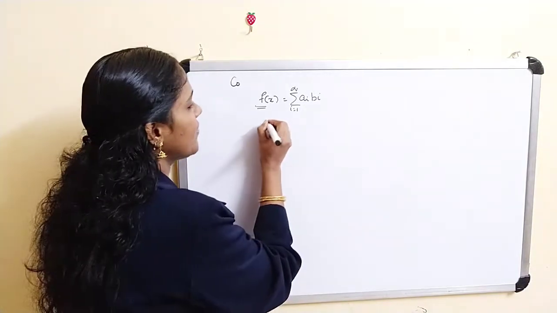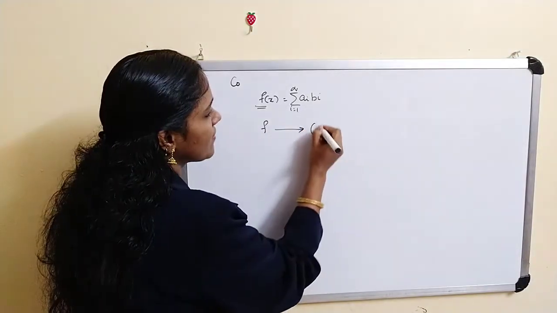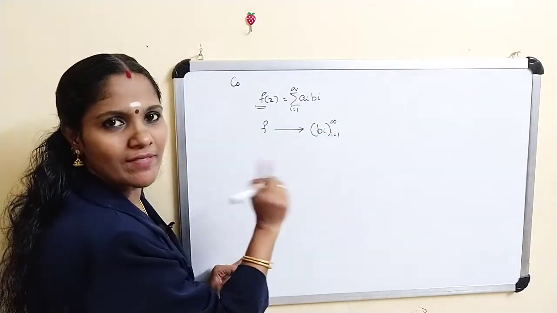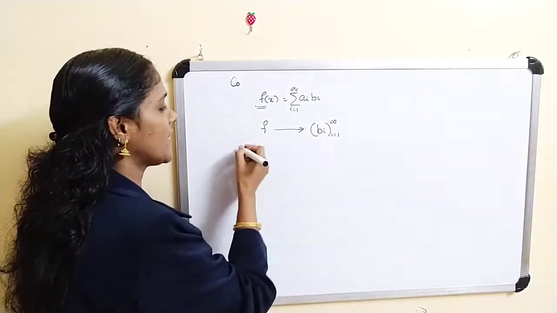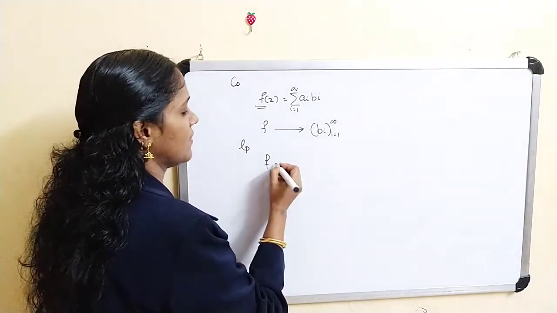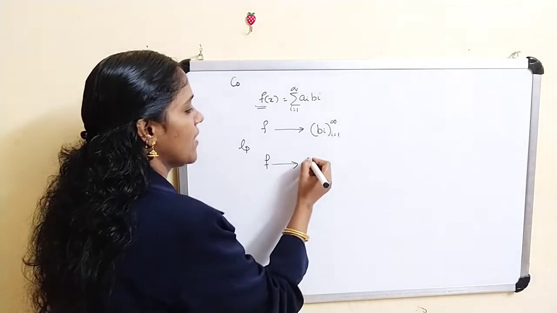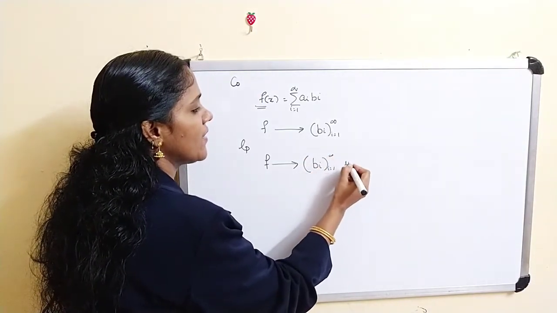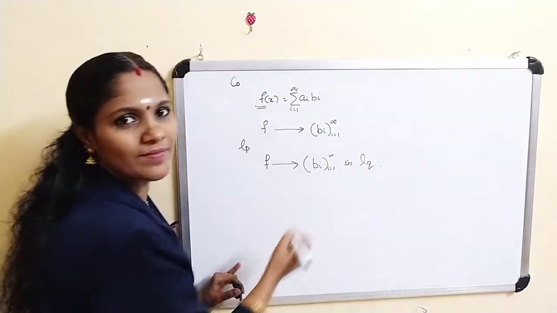So we can identify f with the sequence (b_i) in l^1. Similarly, in the case of l^p, we can identify f with some (b_i), i varies from 1 to infinity in l^q.